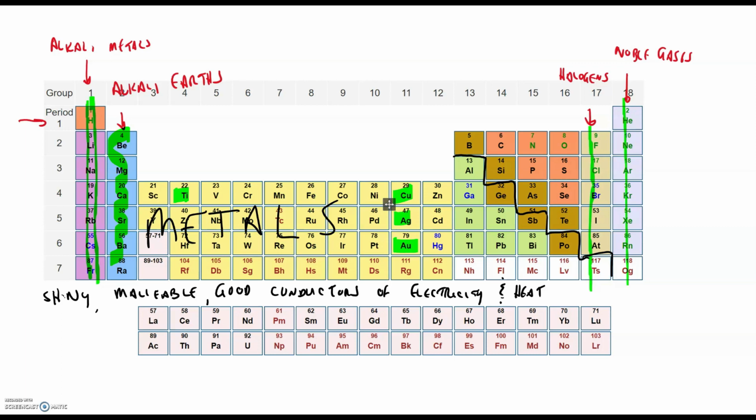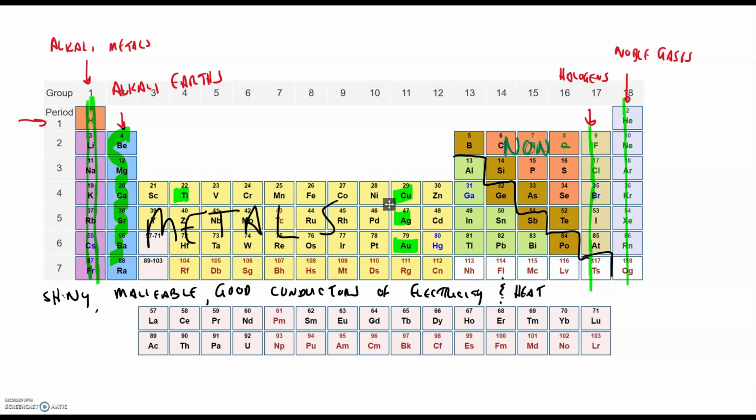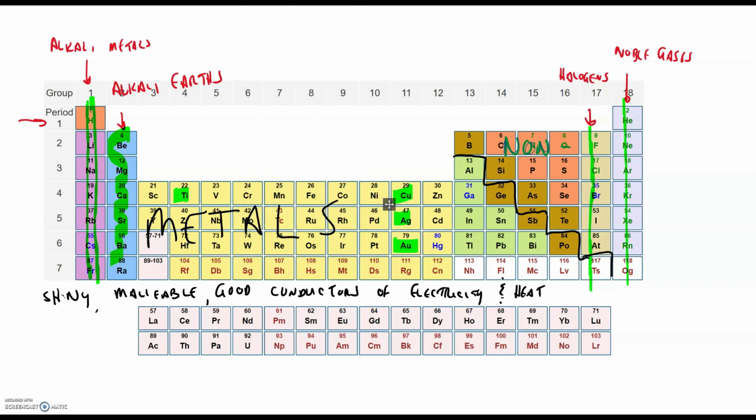Elements that appear on the right side, we're going to call these non-metals. These tend to exhibit properties that are very non-metal-like.